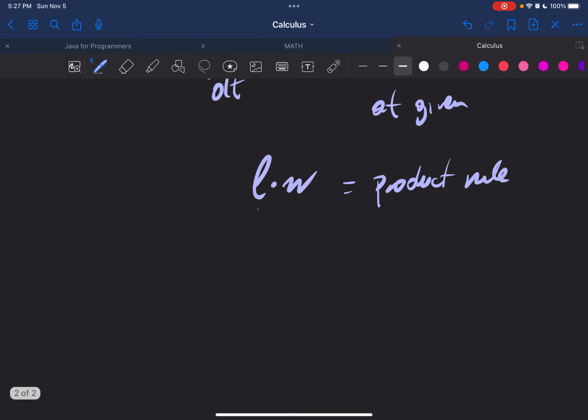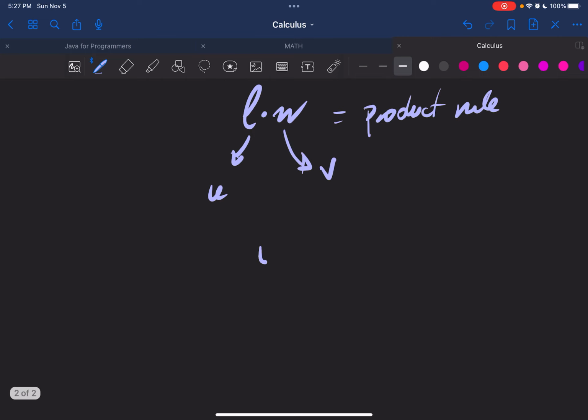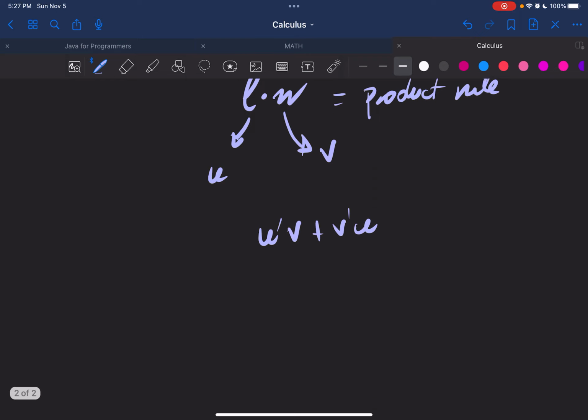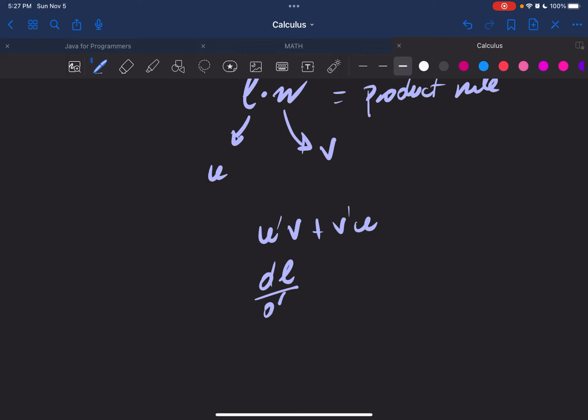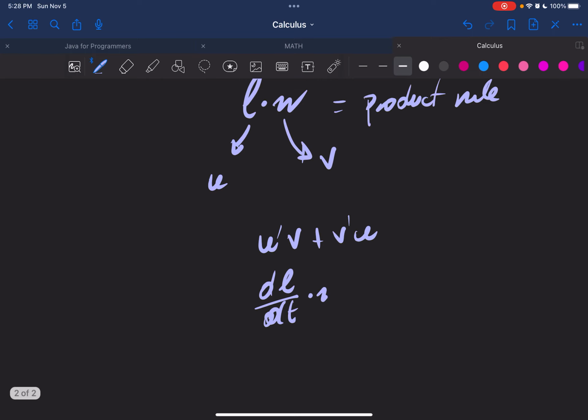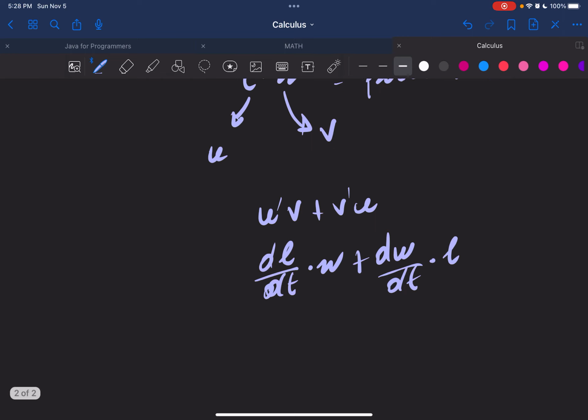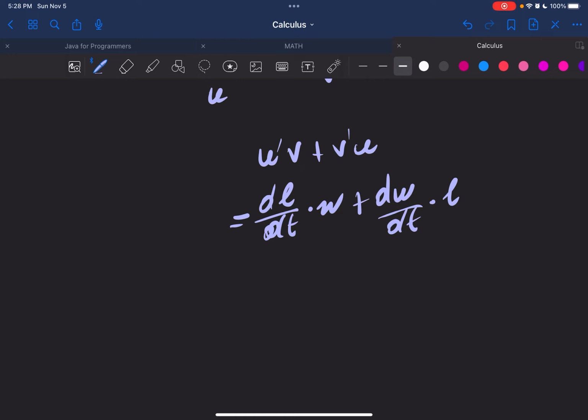For that, I'm going to say that L, the length, is U, and the width is V. So I'm going to use the product rule: U prime times V plus V prime times U. So now I have U prime, which is dL/dt, multiplied by V, which is my width, plus dW/dt times U, which is L, my length. And all of this is equal to dA/dt.